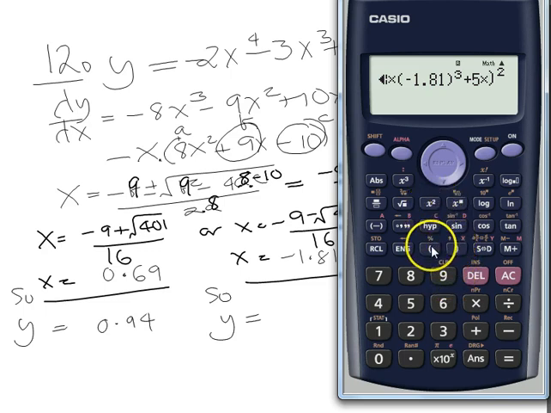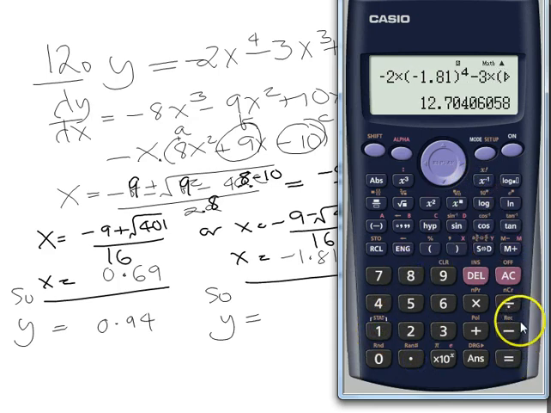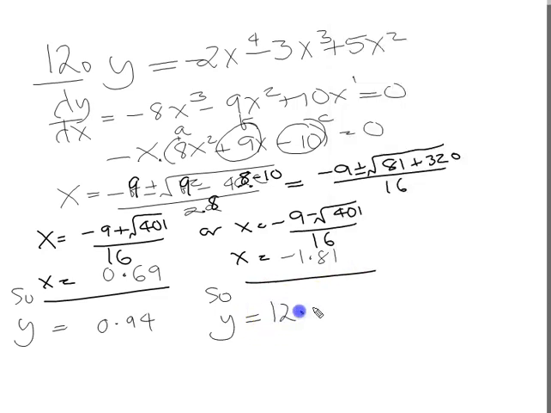Oops, I needed the bracket, I delete the bracket. Minus 1.81. Bit painstaking, wasn't it? And press equals now, because we've done it in all 3 spots. 12.70. Yeah, 12.70. So back to our sheet, 12.70. Alright, there we are then, there's our turning points.